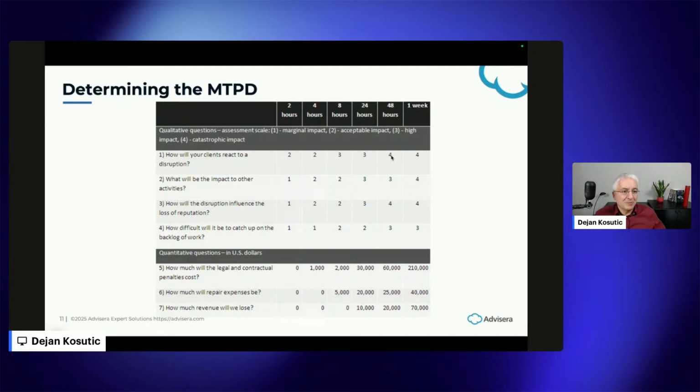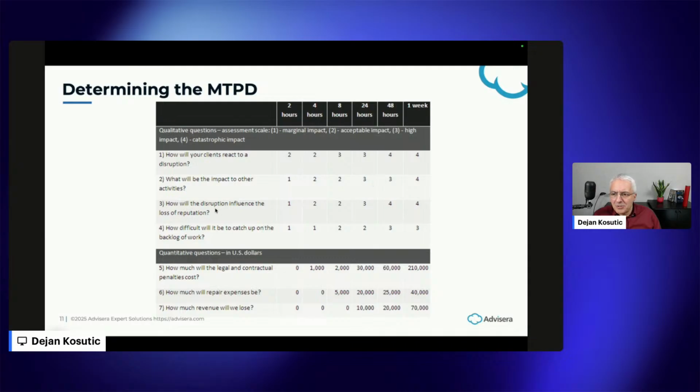Again, this will depend on a specific department within your company. This is only a hypothetical analysis. You will probably have very different numbers here for each of these time slots for a particular disruption duration. What will be the impact to other activities? After 2 hours, negligible. After 4 hours, 8 hours, acceptable. After 24 hours, a problem, right?